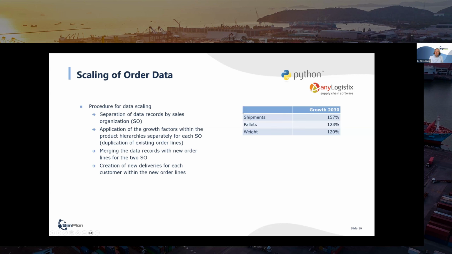We increased the shipments by 57%, the number of pallets by 123%, and the total weight that is transported in the network by 120%. So with this information, we went into anyLogistix and did the optimization.